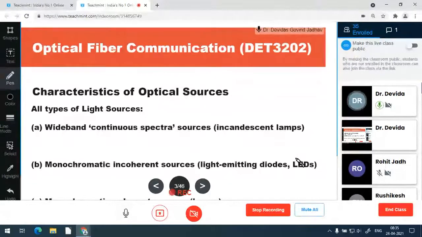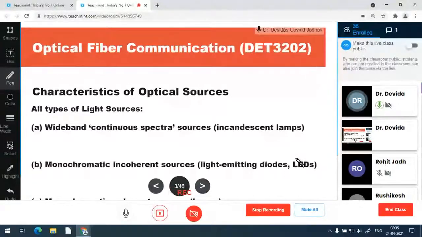Now diode is also there and LED is also there. These are also optical sources. Now what is the difference between the LED, fluorescent light, LED and laser diode?